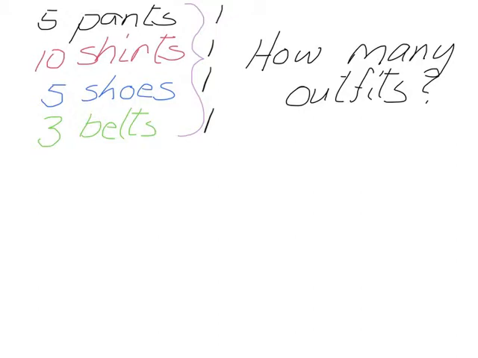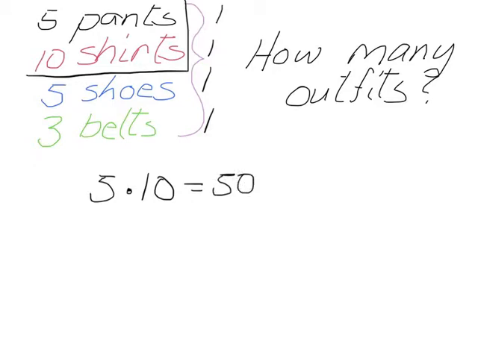Well, if we were just dealing with shirts and pants, that would be the number of 2 item choices. Then Javier would have m, or 5, times 10 shirts, or 50 possibilities.